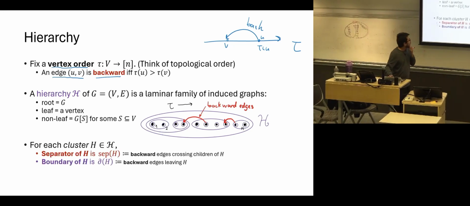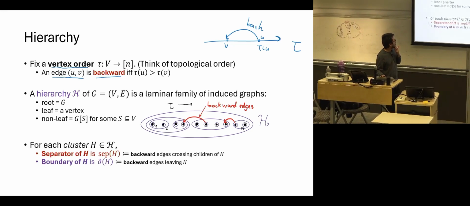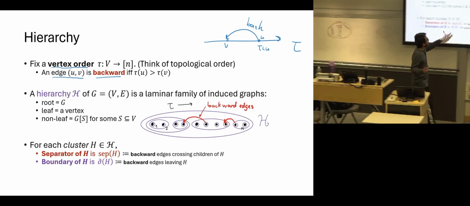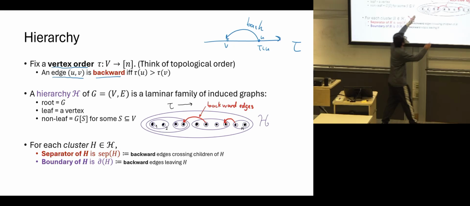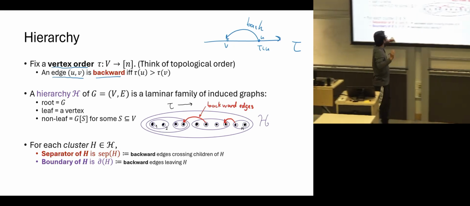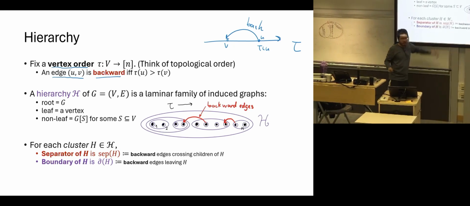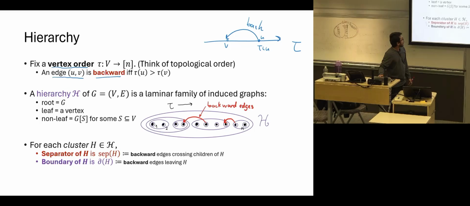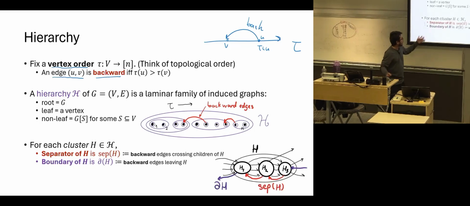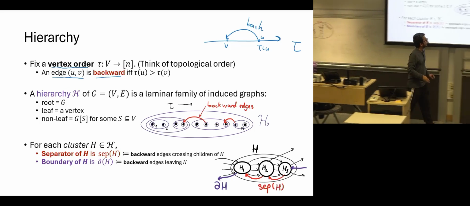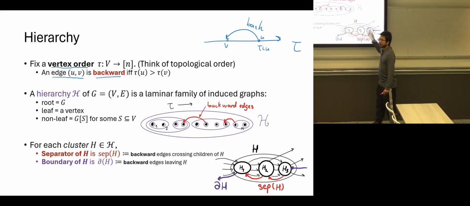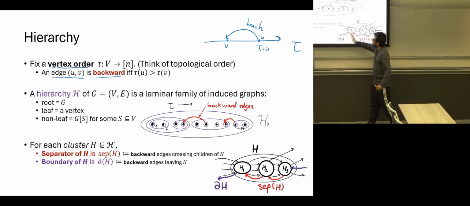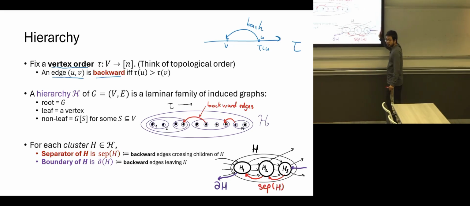And here I can define a notion of cluster: each set in the hierarchy is a cluster. Let's say a cluster H. Now I can define the separator of H. Suppose that I have this cluster H. There can be a lot of forward edges.